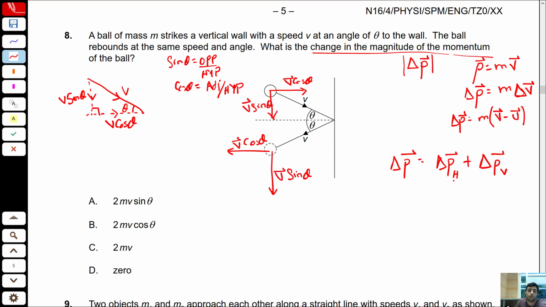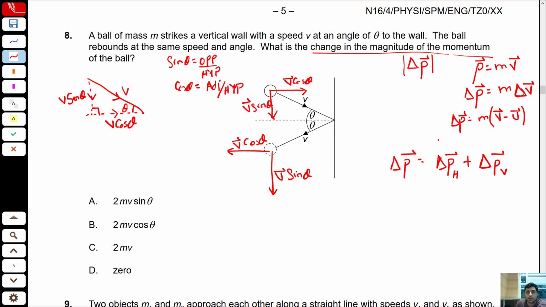We have two components of momentum, horizontal and vertical. All this is happening because the velocity is at an inclined angle, so we can always resolve the resultant momentum into horizontal and vertical components. So the total change in momentum will be due to any change along the horizontal direction and any change along the vertical direction.